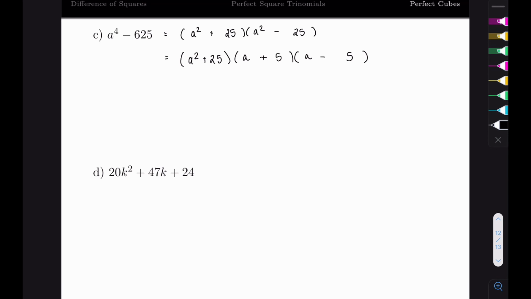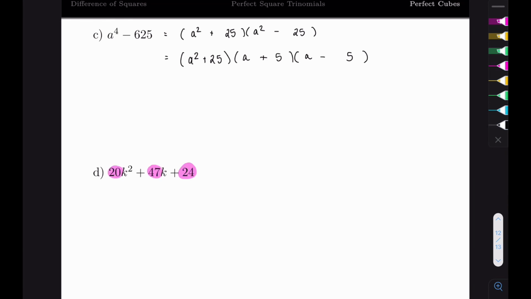For this last one, 20k squared plus 47k plus 24, 20 is definitely not a perfect square. Neither is 24. And I don't even have a number that will divide nicely into anything. 47 isn't even, so I can't take out a 2. It's only divisible by itself and 1.